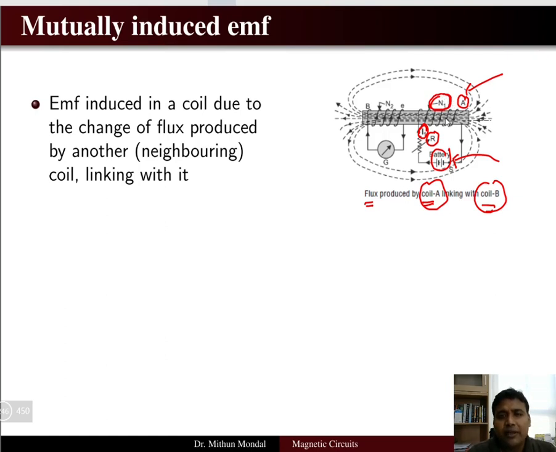So what will happen, that due to the changing of the current, the flux will be induced due to the N1 number of turns, and this will be induced in this particular core. And the same core is basically linked with the other coil which is having N2 number of turns, and it is connected with a galvanometer.